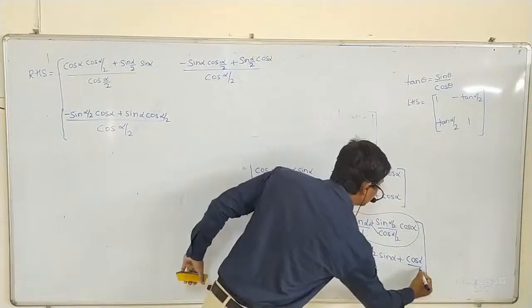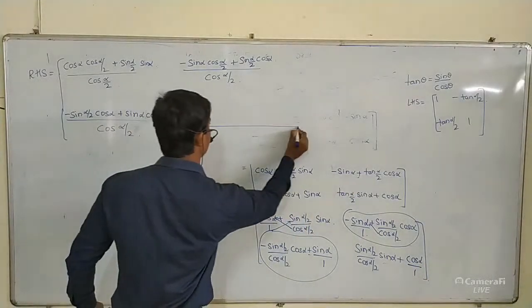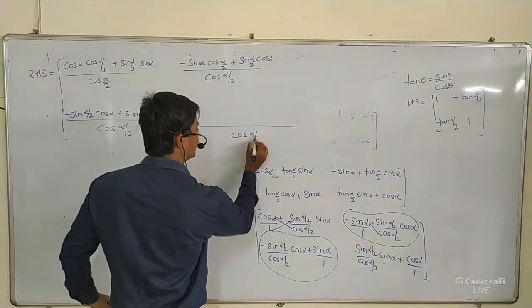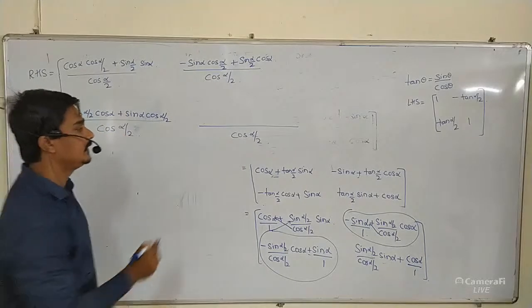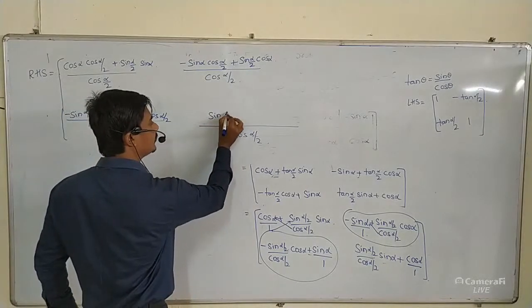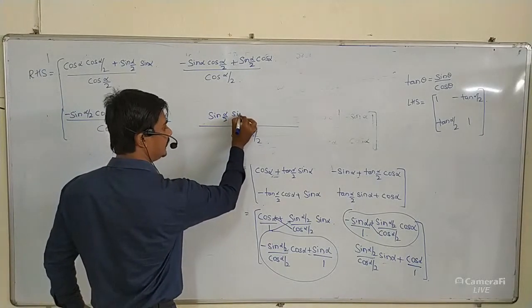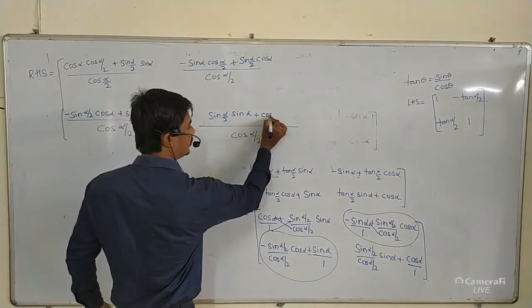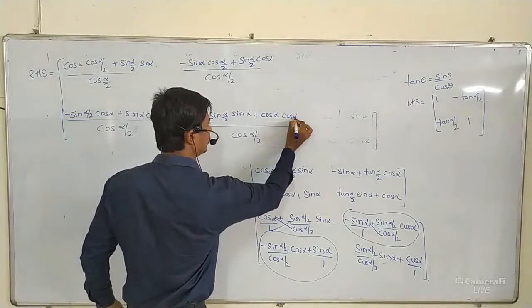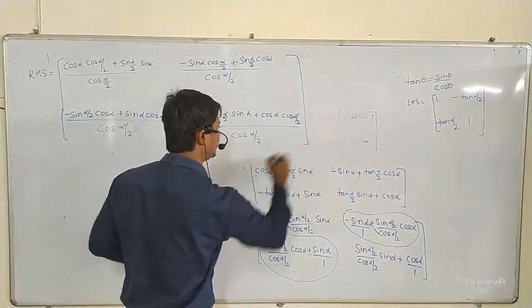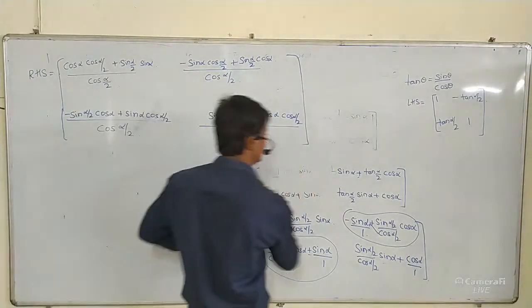Here also take cos alpha by 2 as LCM. The numerator becomes sin alpha by 2 into sin alpha plus cos alpha into cos alpha by 2. Okay.